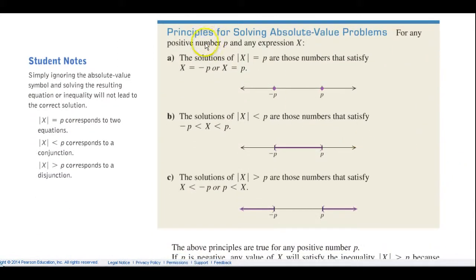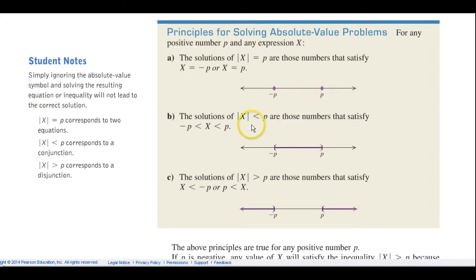All right, so here are some principles for solving absolute value problems. We had said when you have the absolute value of something and it's equal, just remove the absolute sign, then remove the absolute sign and use its opposite. And the graphing looks like this.